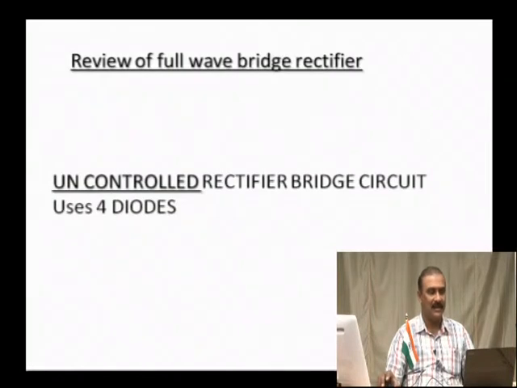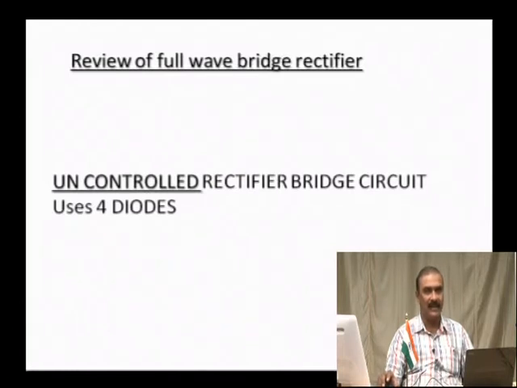Now, before I start, you need to have the knowledge of the full wave bridge rectifier. Of course, all these things I have already studied in second and third semesters. But still you need to know about this bridge rectifier. The moment I say bridge rectifier, you have to connect four diodes in a bridge form.